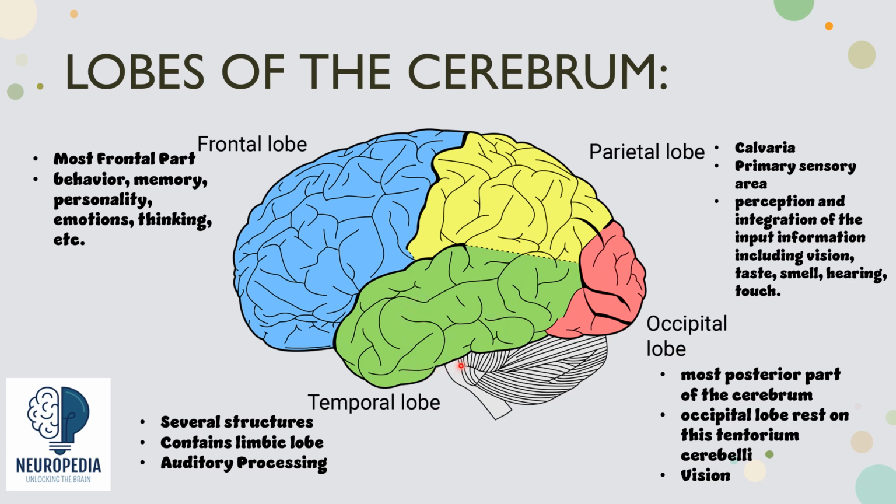One of the important structures that the temporal lobe contains is the limbic lobe, which interacts with other regions of the brain, but it interacts directly with the temporal lobe and influences the limbic system. The limbic lobe is involved in memory, learning, attention, automatic, unconscious bodily function, as well as unconscious emotional state. The main function of the temporal lobe is hearing, and it is also involved in auditory processing.